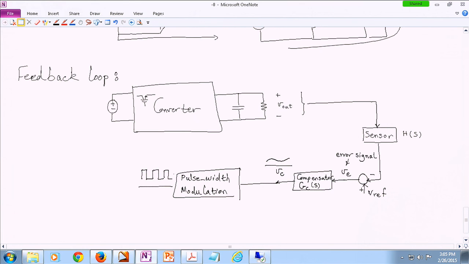The 0 means the switch should be off. 1 means the switch should be on. Okay? And sometimes it is not strong enough to turn your switch on and off. So sometimes you also use a gate driver, which is nothing but a power amplifier, basically. And then it is turning the switch on and off.